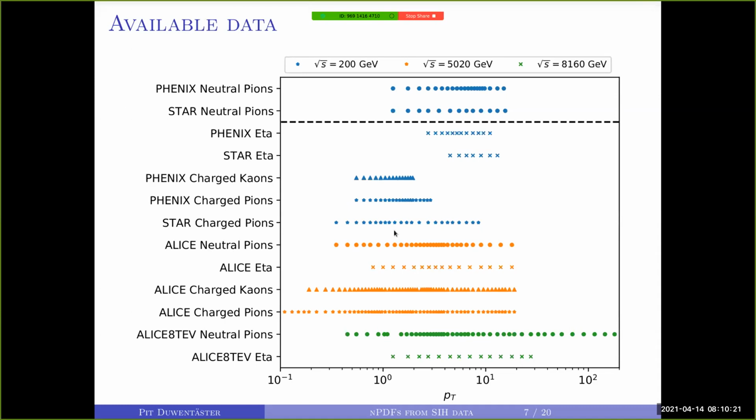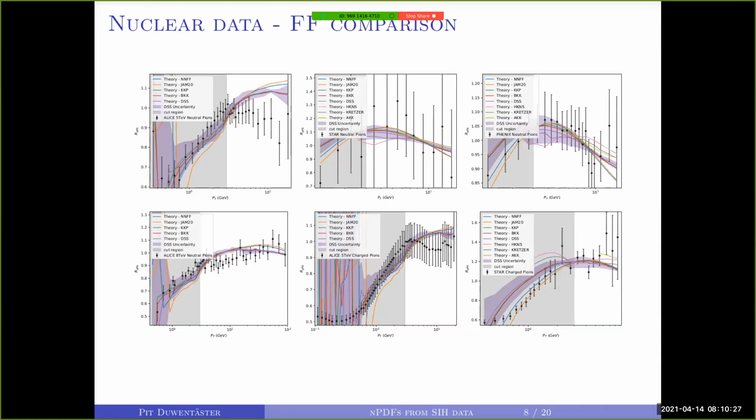So if we just look at the data directly and compare fragmentation functions for all the available data sets, first just using the nCTEQ15WZ PDFs, we can already see that most of the data is quite well described, even without including them directly in the fit.